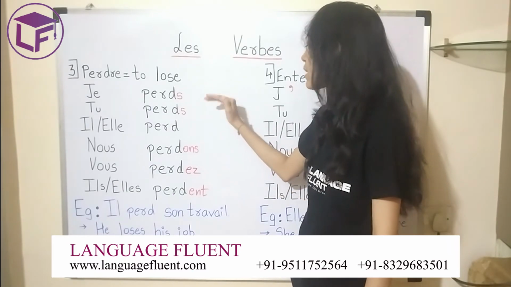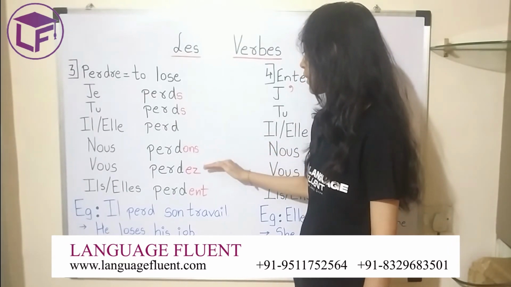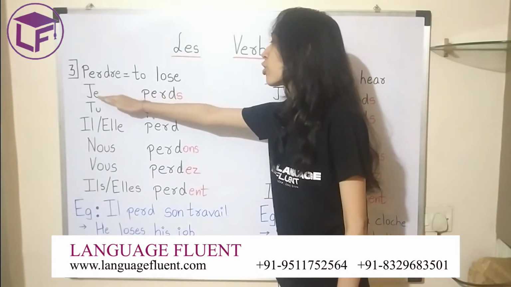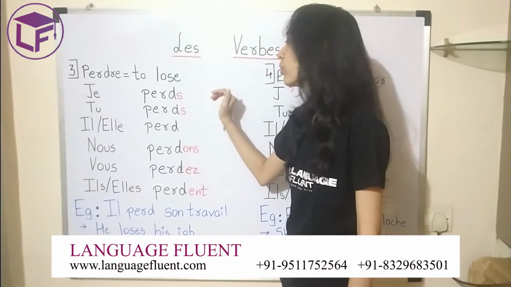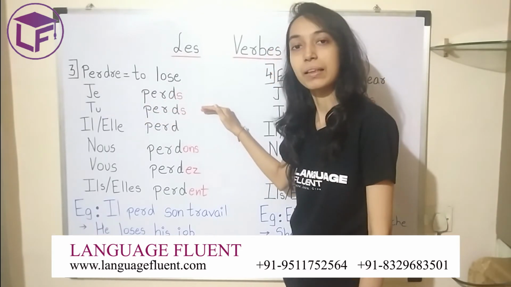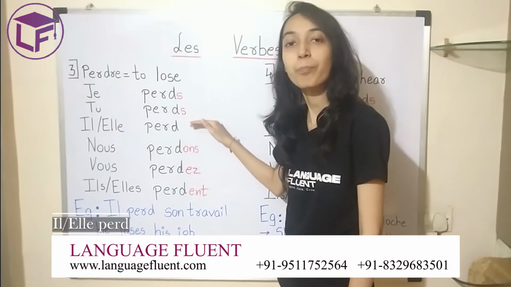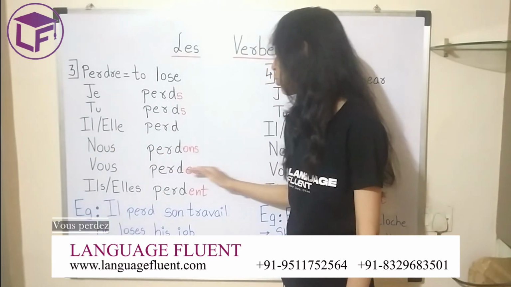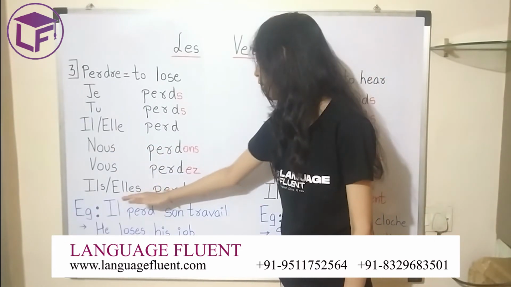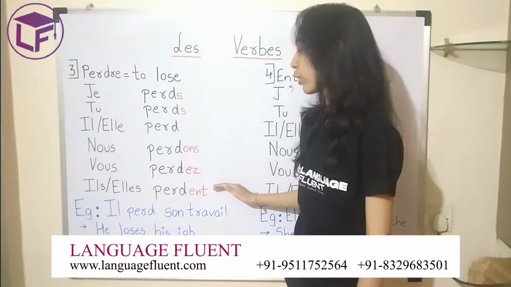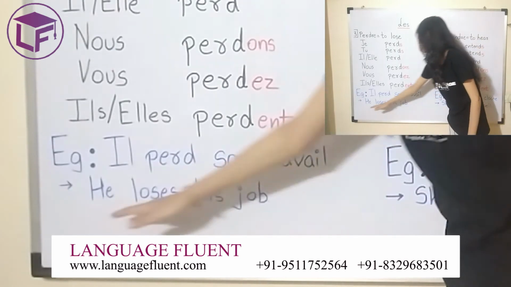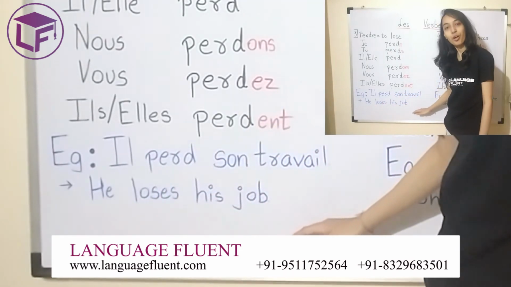S, S, nothing, ONS, EZ, ENT. So the pronunciation becomes je perds. Tu perds. Il, elle perd. Nous perdons. Vous perdez. Ils, elles perdent. For example, il perd son travail, which means he loses his job.